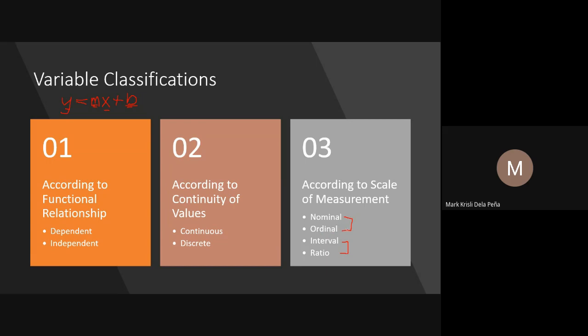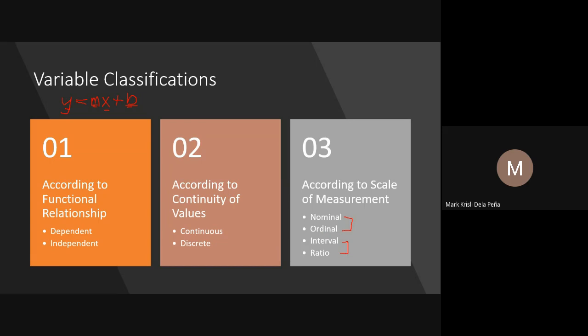Examples of ordinal data are, for example, if I want you to rate how you are feeling right now. Are you sad or very happy? From the range of very sad to very happy, those are examples of ordinal data. If you answer neutral, then that's ordinal data.